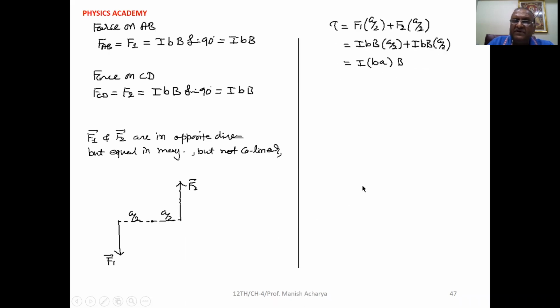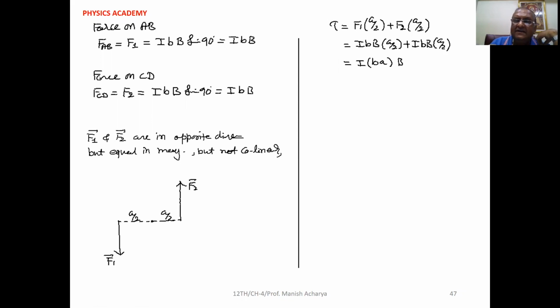Now, as per definition, torque tau is force into the perpendicular distance of the force from the reference point. So F1 into A by 2, and another torque is produced by F2, that is F2 into A by 2. Now see this, both the forces are producing the torque in such a way that it will give the rotation in the anti-clockwise direction.